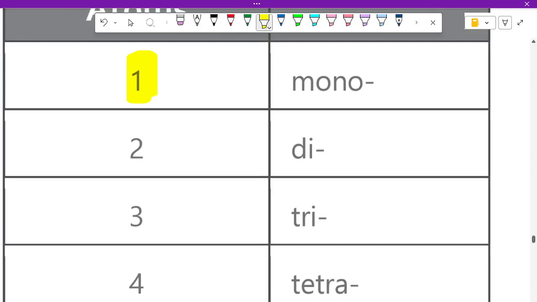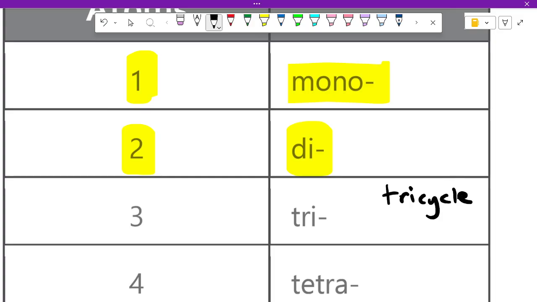So 1 is mono. 2, we've used it a few times already. 2 is di. Anyone got a way to remember that 3 is tri? Tricycle. Triangle. Okay, tricycle, triangle.